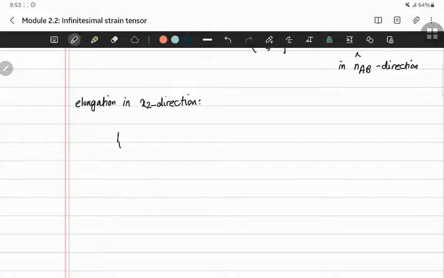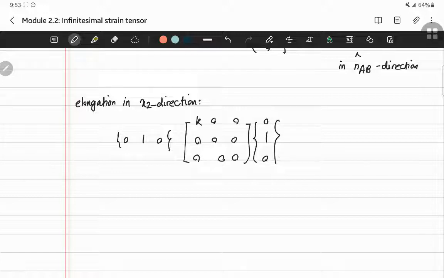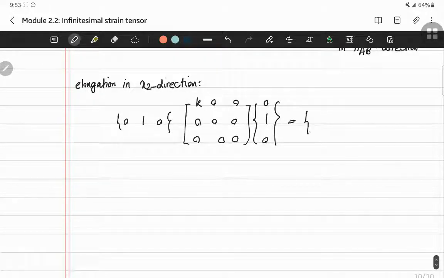Sorry, I have to write it in row format. I have k, 0, 0, 0, 0, 0, 0, 0, 0, then 0, 1, 0. This is dot, of course, and this is 0, 0, 0. So it is 0. Perfect.